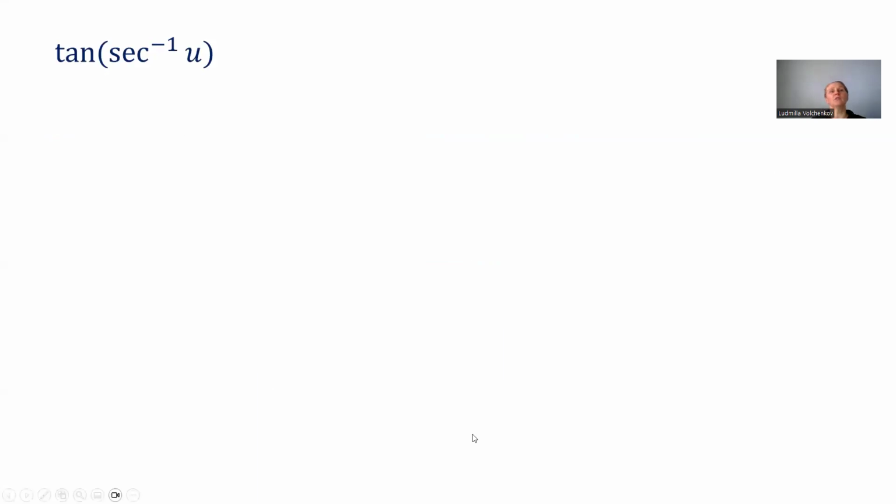Tangent of secant inverse of u. Let us represent secant inverse as an angle, such as secant A equals u. Secant is 1 over cosine, so using x, y, and r, secant will be r over x.